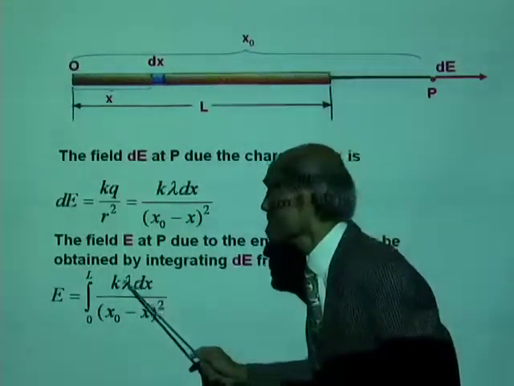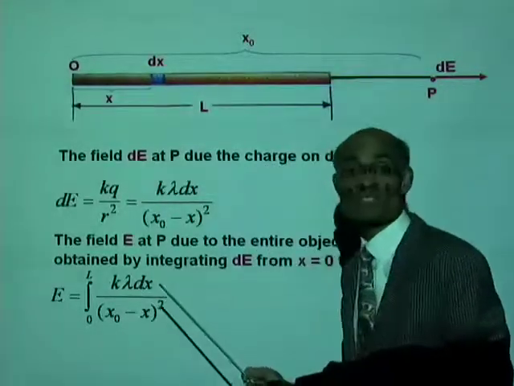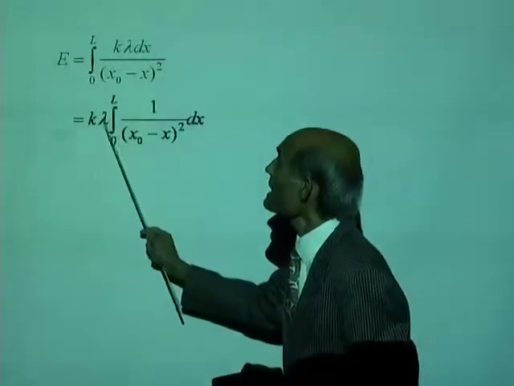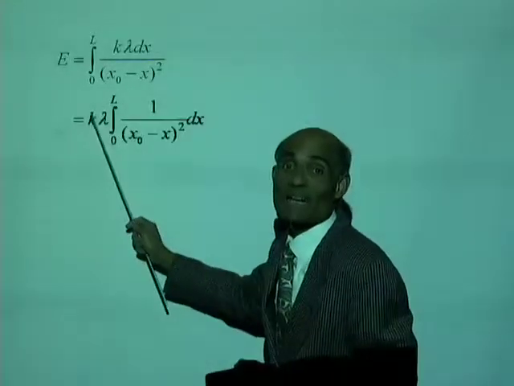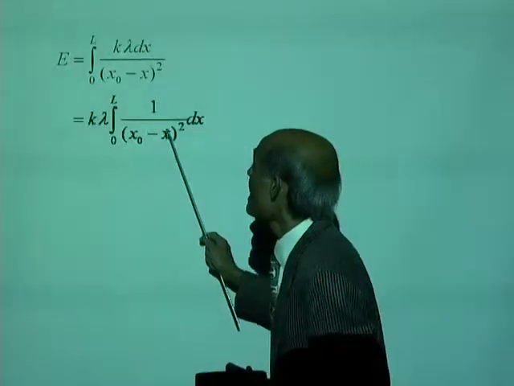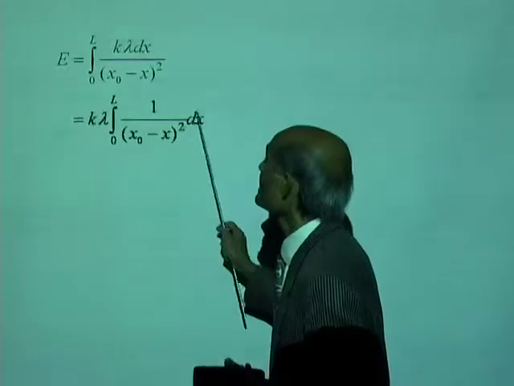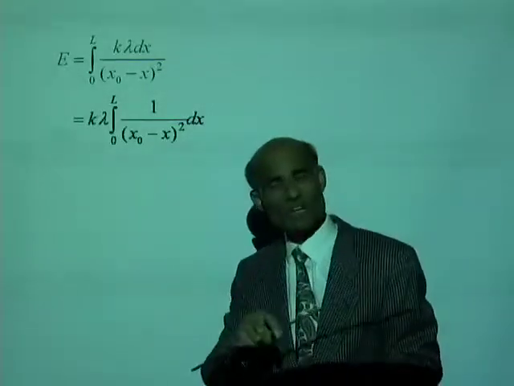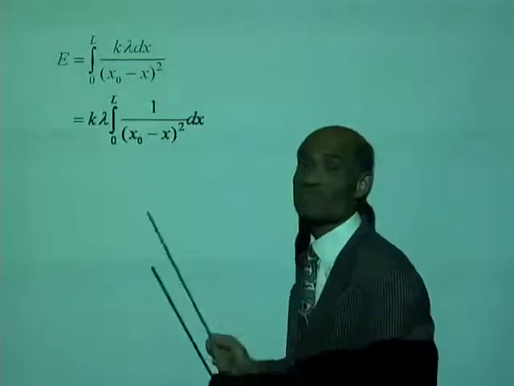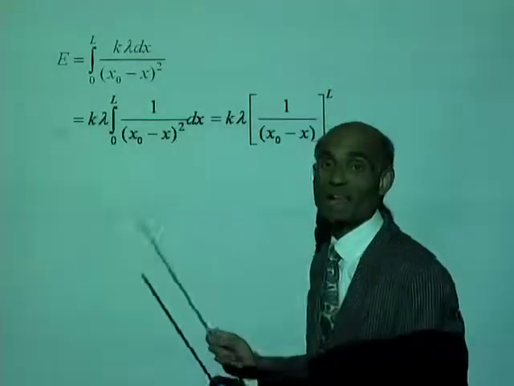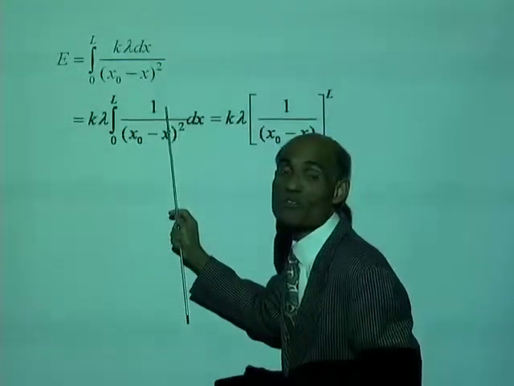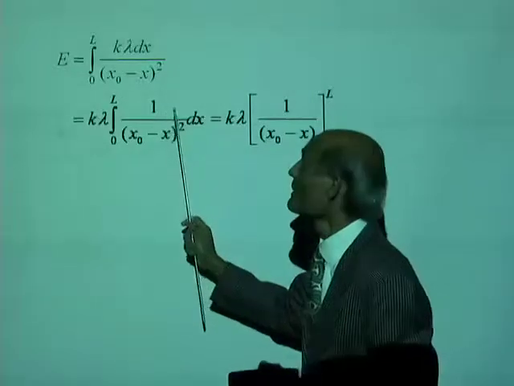Alright, and now k lambda is a constant that can come out. Let's do this integration. K lambda is a constant that comes out. Integral of 1 over (x0 minus x) all squared dx. Can you integrate this on your own? Well, you can do this by using a little substitution. I'm going to give you the result, and I'm going to leave you to do the integration on your own.